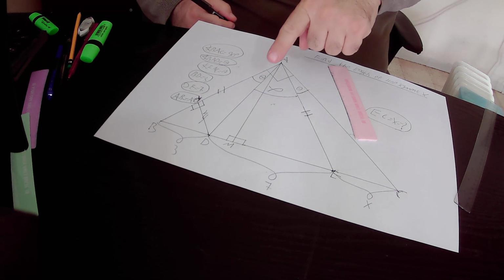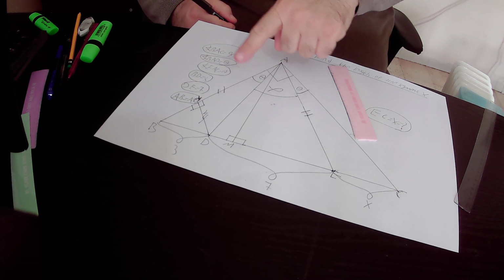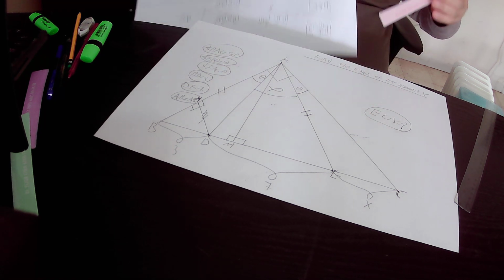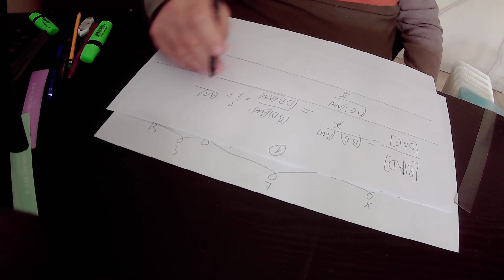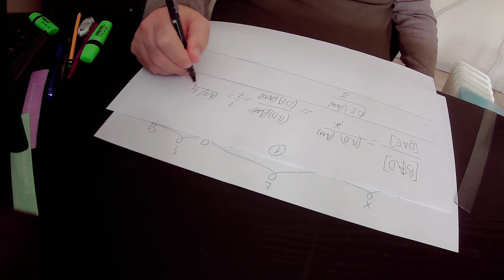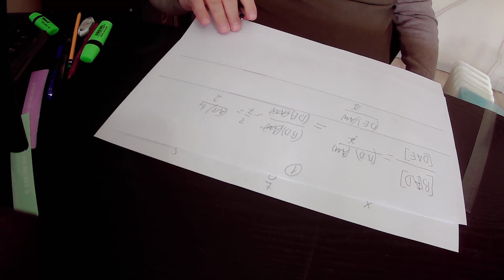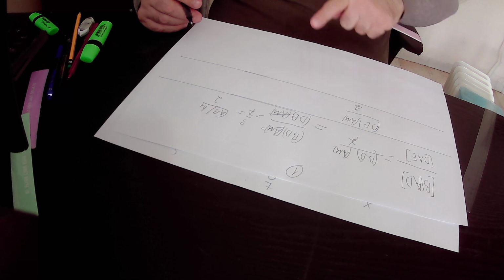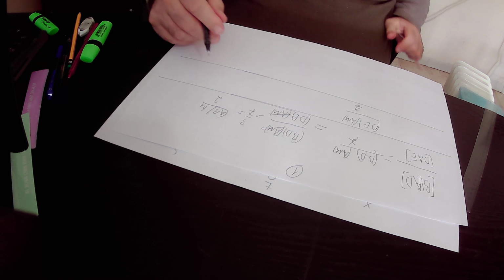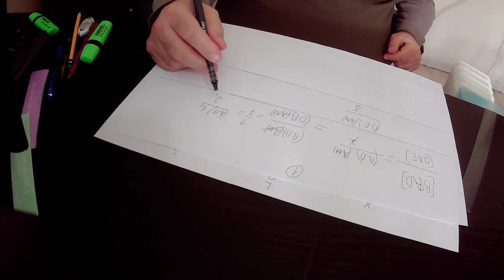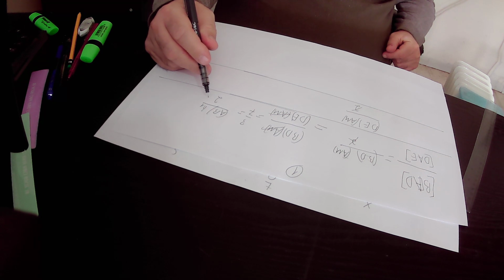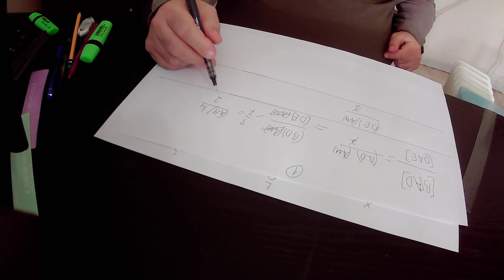So the height to the base AB is edge 1. The second way to calculate the area of triangle BAD is that the area of triangle BAD is equal to the base AB times the height, edge 1, over 2.